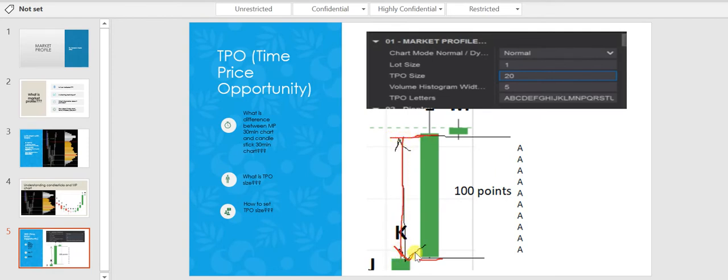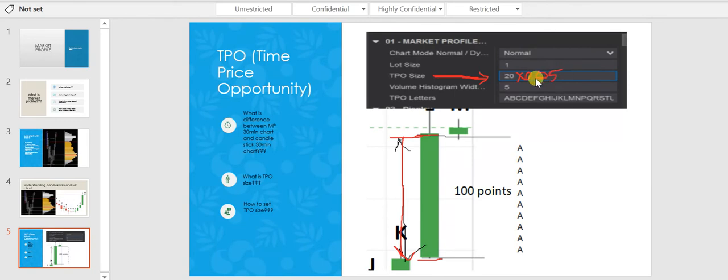Basically there is a TPO size. Based on the TPO size, one can tell how many prints are to be printed for 100 points. Let us say the TPO size is multiplied by a particular value, 0.05.